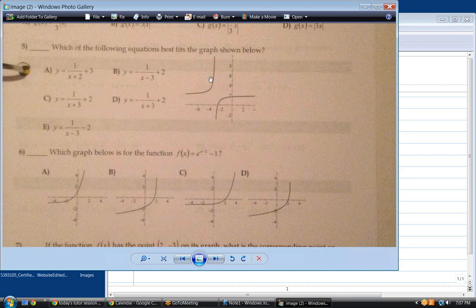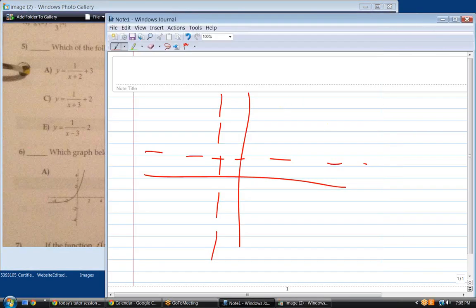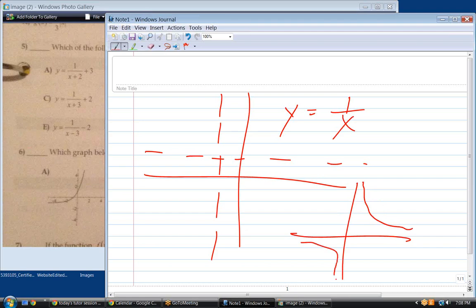We don't know at this point, but what we do know is that we're looking at a curve that looks like it's 2nd and 4th. So almost certainly we're dealing with the negative. Because the standard hyperbolic function, which is y equals 1 over x, that's in 1st and 3rd. If I want y equals minus 1 over x, that's in 2nd and 4th. So almost certainly this is the negative one.